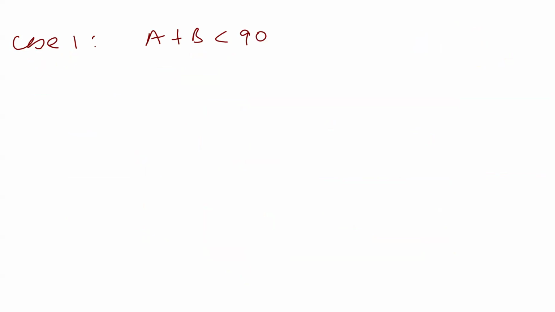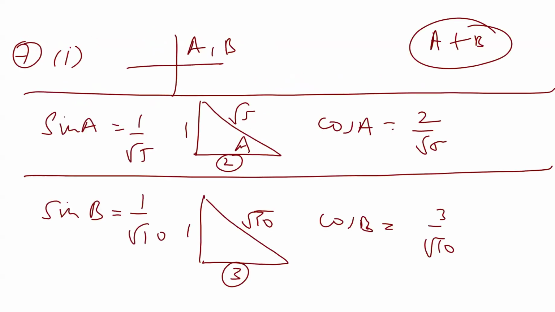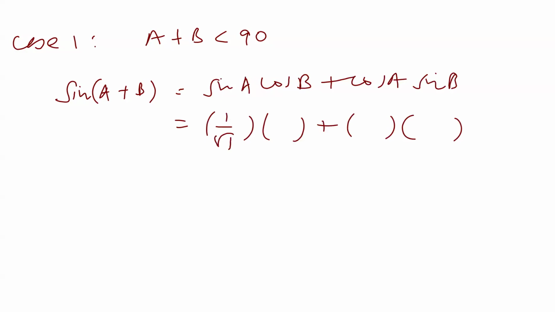We'll assume that. So first we'll calculate sin A plus B, which is sin A cos B plus cos A sin B. Sin A is 1 by root 5, and cos B is 3 by root 10, I guess.